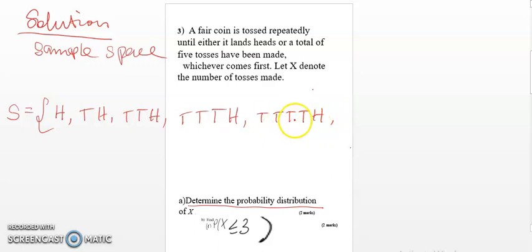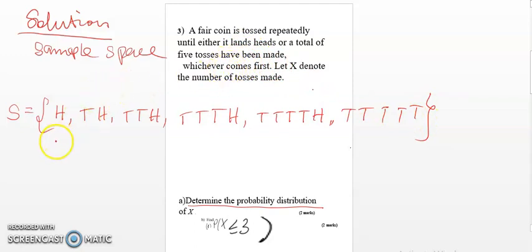This is 1, 2, 3, 4, 5. Let's toss it again, because now we are still having head. We are going to have tail. That is 5 times. So at this point we will stop, because it has to be a total of 5 tosses.